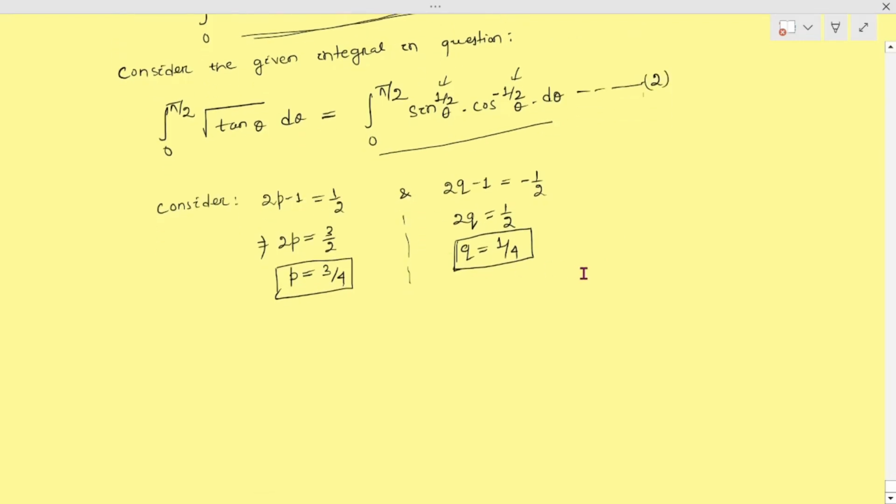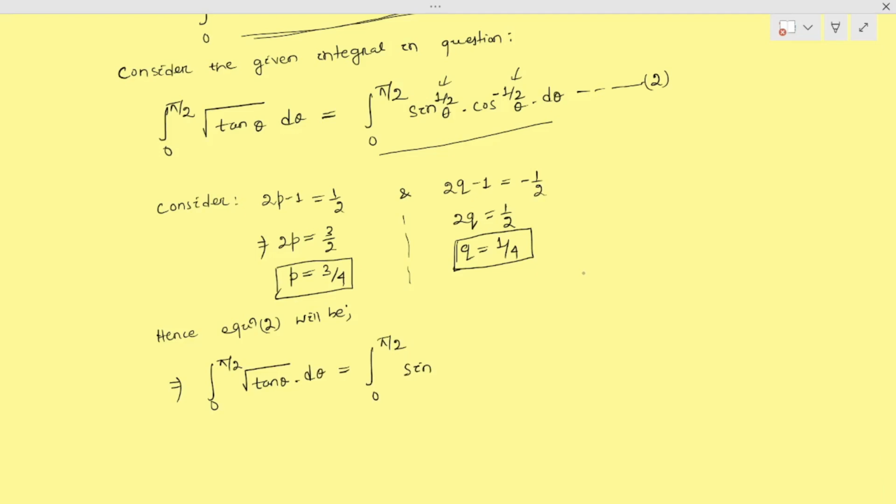That implies, hence, equation number 2 will be what we can write: the integral from 0 to pi by 2 of root over tan theta d theta will be equal to the integral from 0 to pi by 2 of sine, instead of 1 by 2 we can write the 2p minus 1 format.